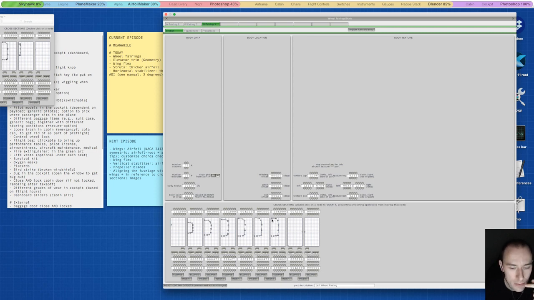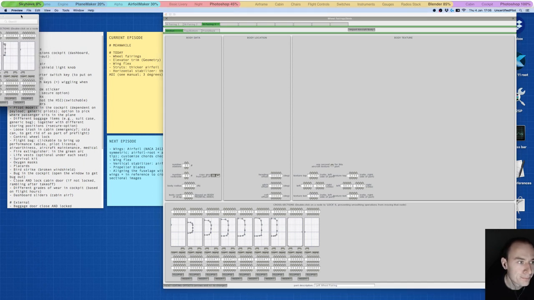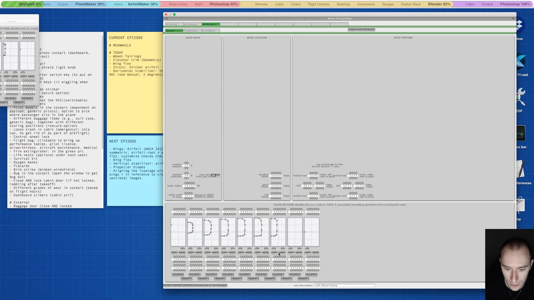Going down a bit. A bit closer. Makes sense indeed. Good. Copy. Paste.